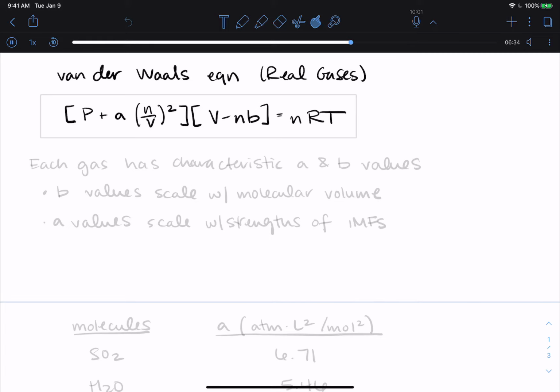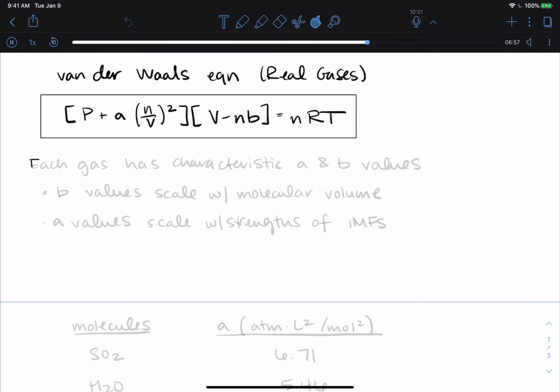So each gas will have a characteristic a and b value. Let me put a box around this equation really quickly. P, V, n, R, and T are all the variables that we have dealt with for the ideal gas law, so I'm not going to list them out next to the equation here.